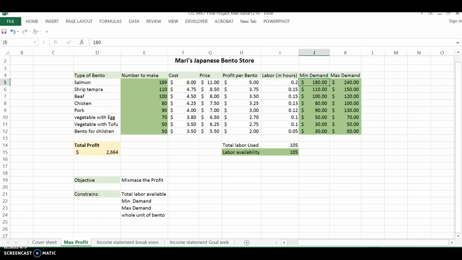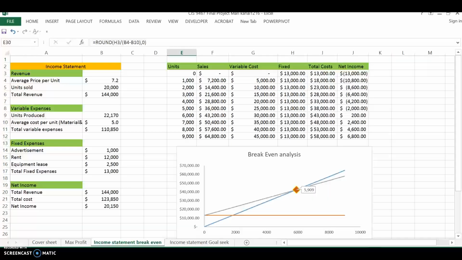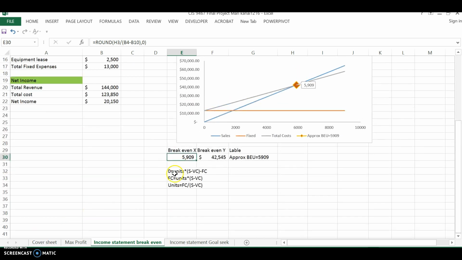Now let's see the income statement analysis. This worksheet shows the income statement, the break-even analysis chart, plotting break-even points, and the formulas. The formula shows that the break-even unit is equal to fixed cost divided by sales price minus variable cost.